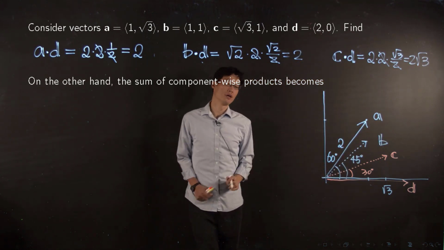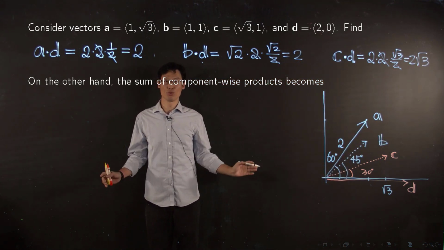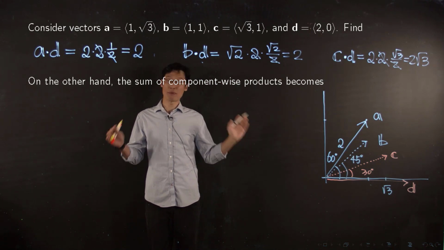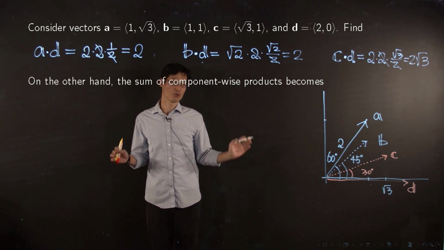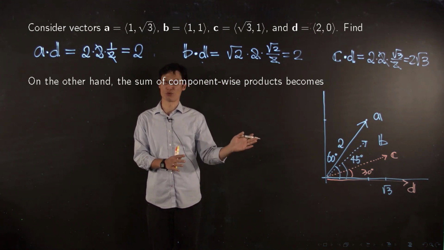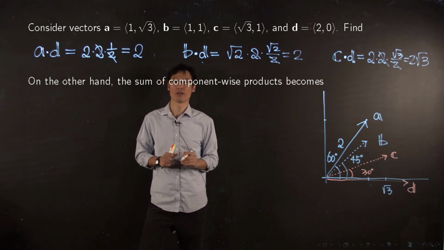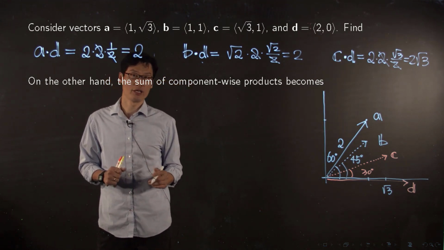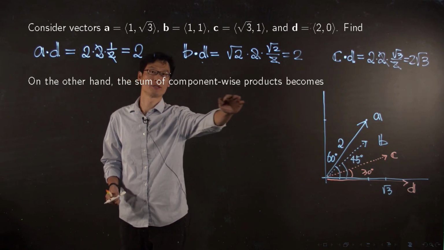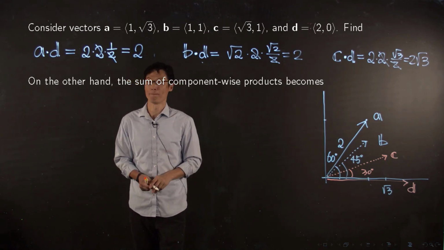So far, so good. The point is, we are using specific vectors so that we know magnitudes and angles between them. On the other hand, you can take the component-wise product and then add them up.